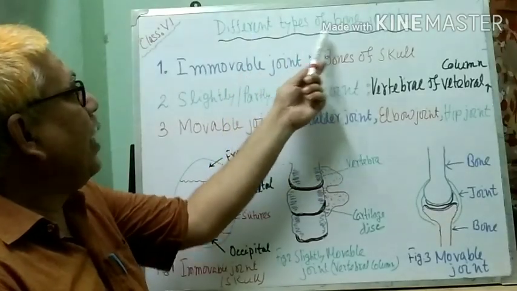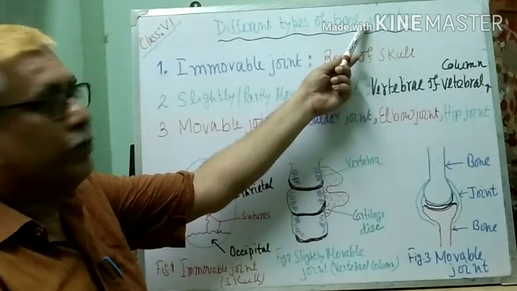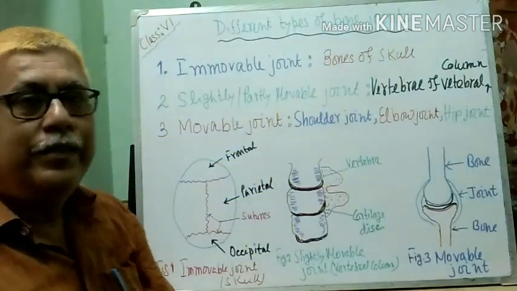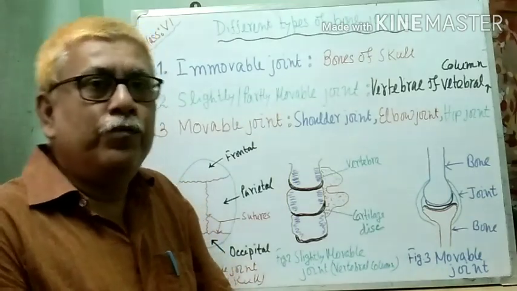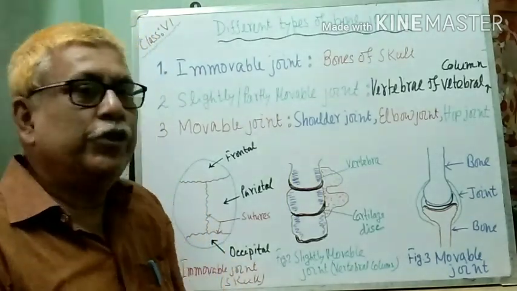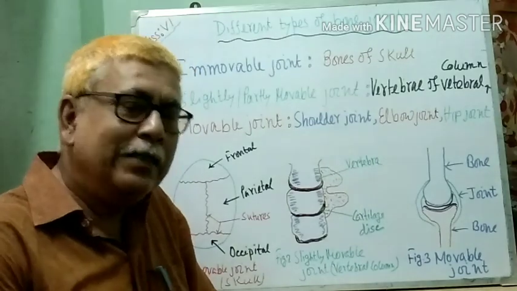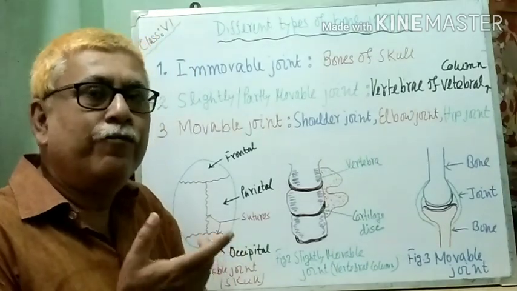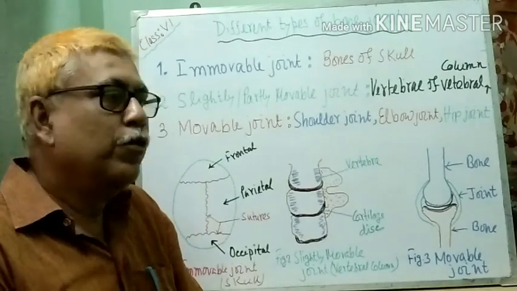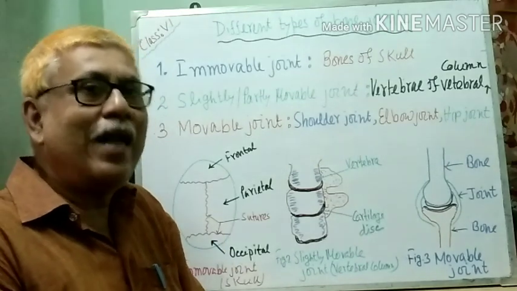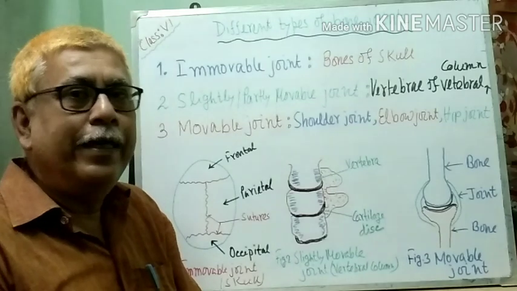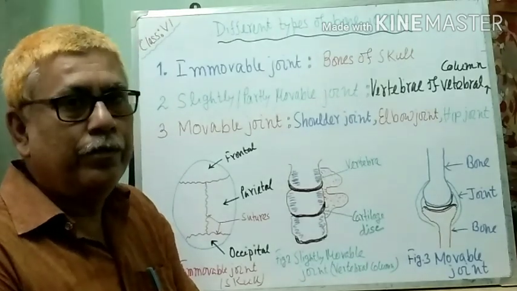Different types of bone joints, depending upon the structure of bone joints and capability of movement. Bone joints have been classified mainly into three types.